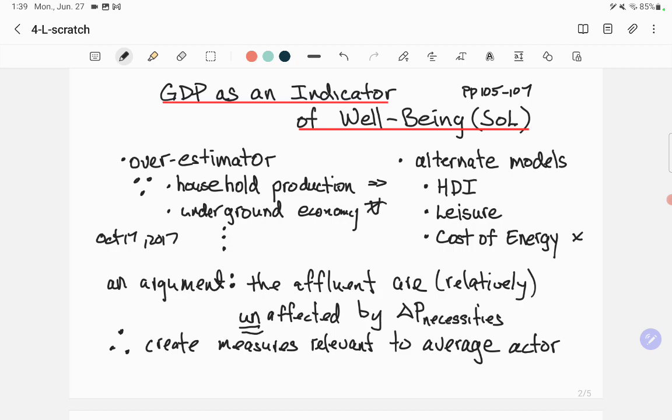Does the price of gasoline affect them? Does the price of a kilowatt of electricity affect them? It depends. Now, let's make that question a bit longer. Does the price of electricity affect them more or less than it affects you?